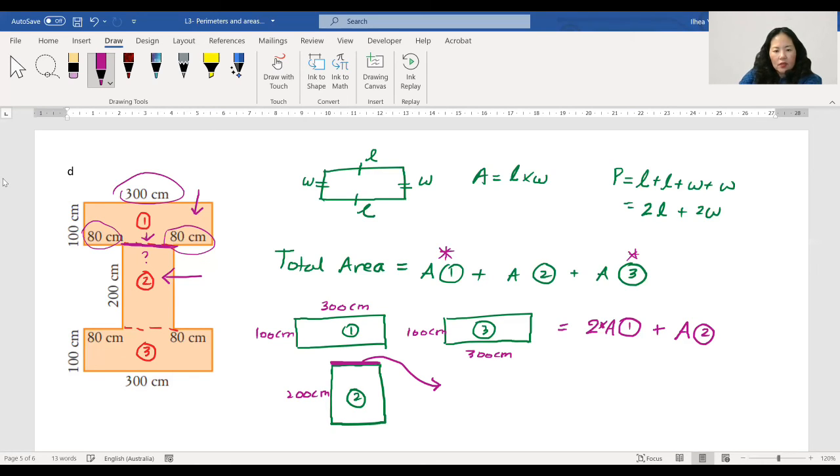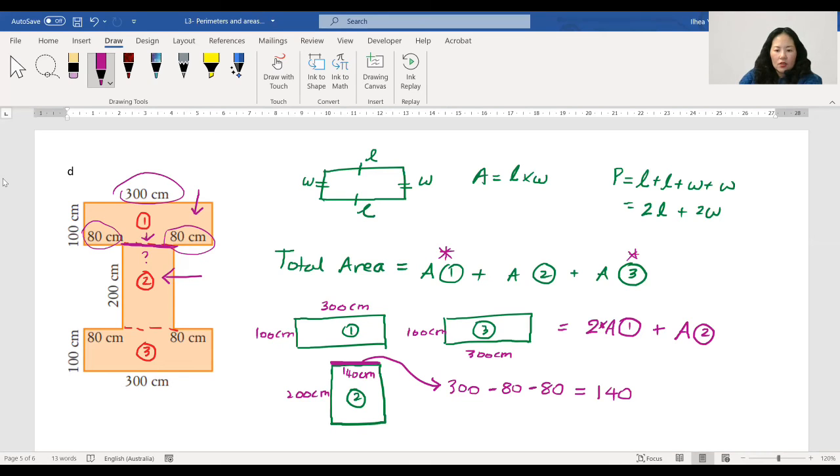So 300 take away 80, take away 80 gives me 140. If you put that in your calculator, you will get 140. So this is 140 centimeters.